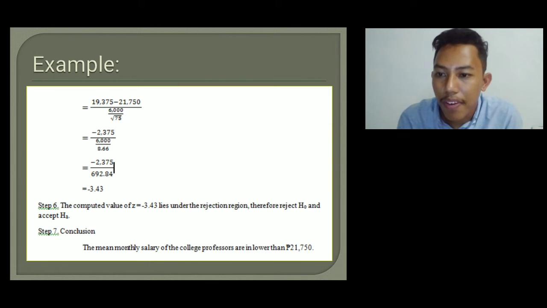Then we need to simplify. It will now become negative 2,375 over 692.84. Then we just simply divide it. The answer is negative 3.43.